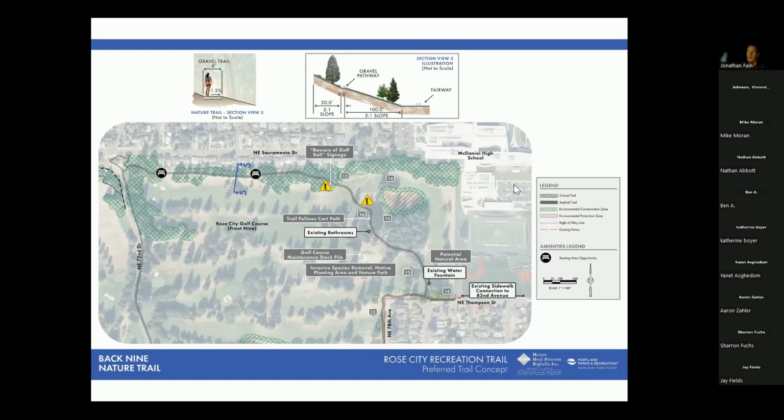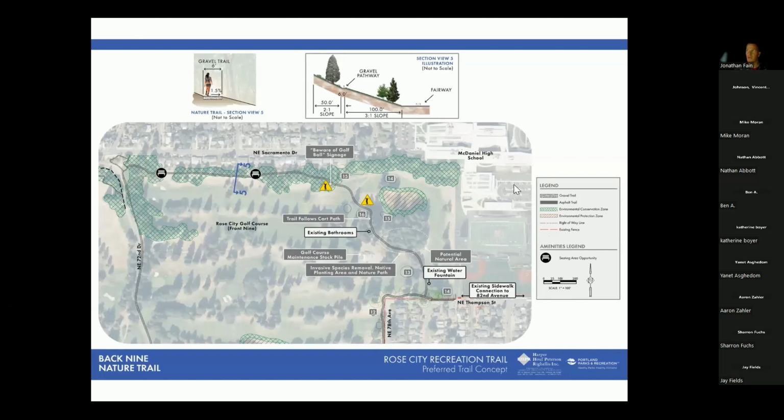So once we know exactly where the trails are going and what is going to be built, we have a process for determining how much that's going to cost annually. And then we go to each of our maintenance divisions, aka the golf maintenance staff, the park maintenance staff, and the natural areas staff or trail staff. And we're going to have those conversations and meetings about who's going to maintain.